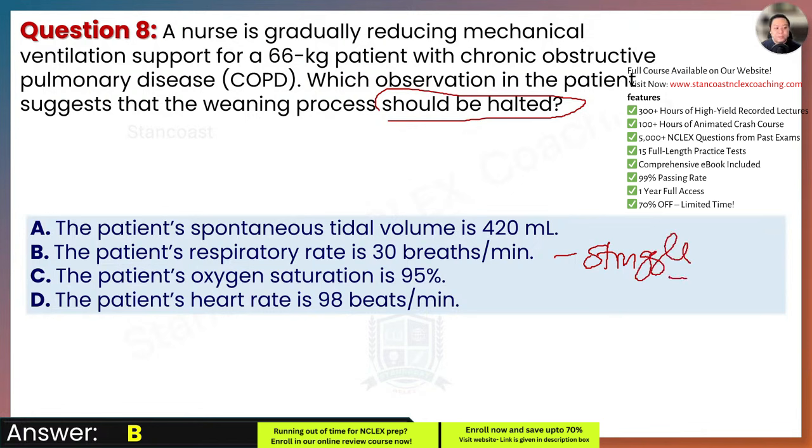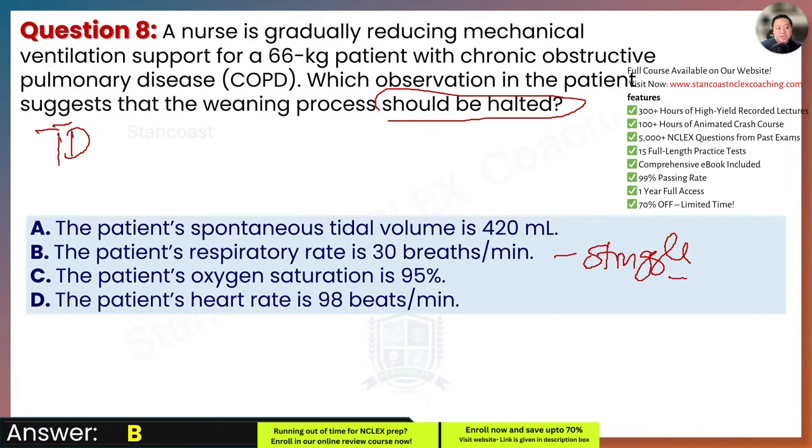Now, what about letter A? The patient's spontaneous tidal volume is 420. What does this mean? Well, let's review what a tidal volume is. The tidal volume is that measurement of how much air the patient moves in each breath.